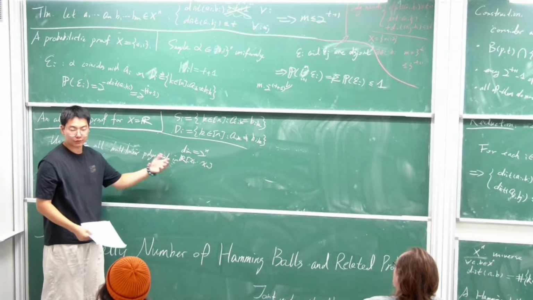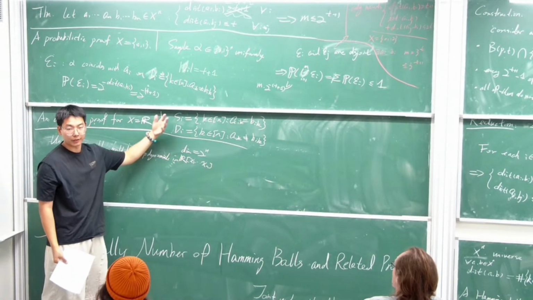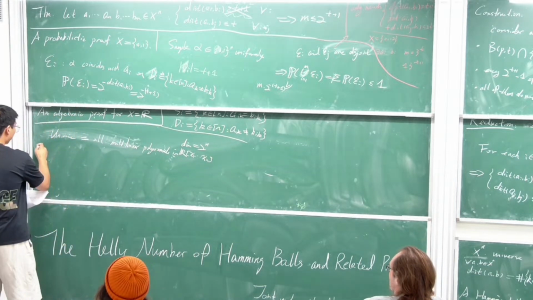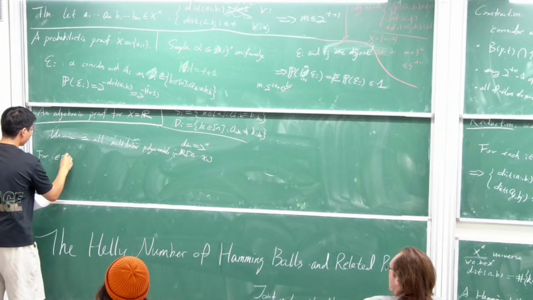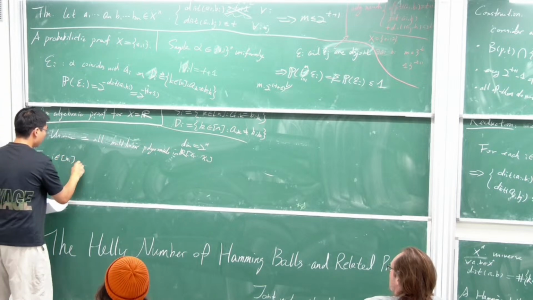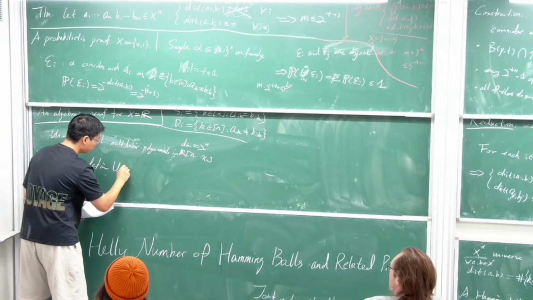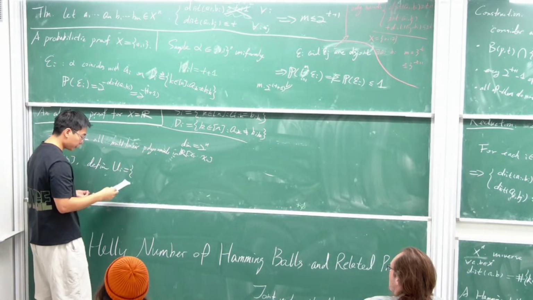So here is where the exponential function comes into play. And then for each I, I define Ui to be the set of polynomials of this form.